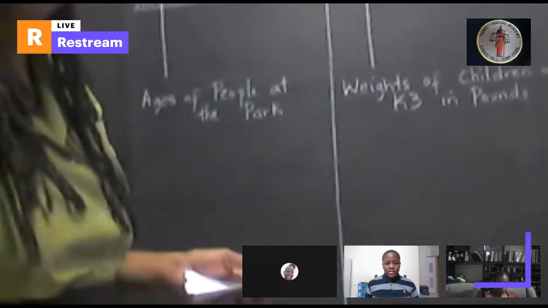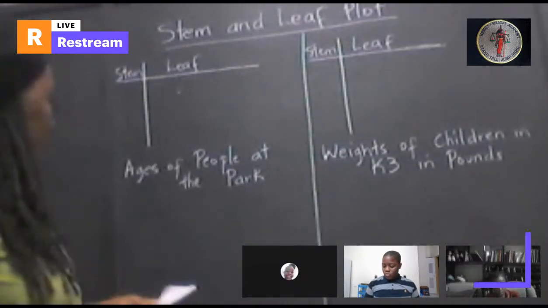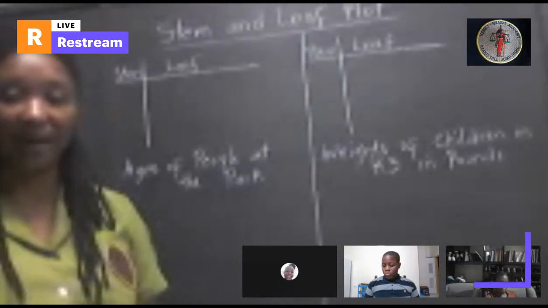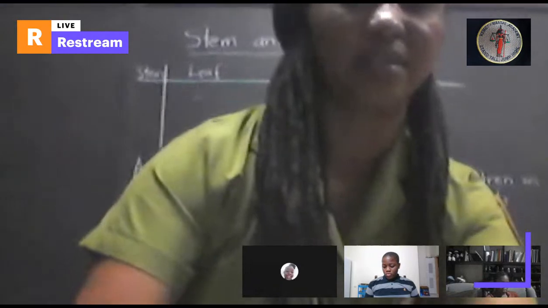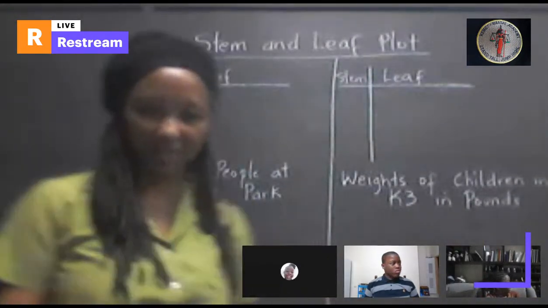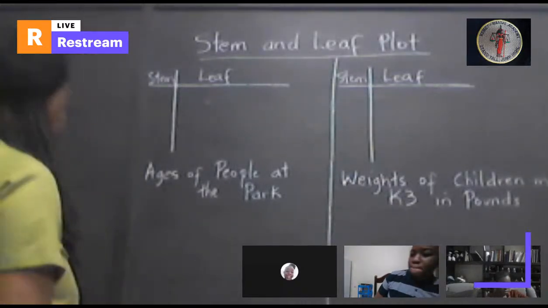So it's the stem and leaf plots. And those are the first two. So the first one we're going to do, ages of people at the park. So we did a survey. We went to the park. My board is leaning. I need to adjust that. Hold on. Is that any straighter? Yeah, it's straight. All right, so let me write the numbers that we have.